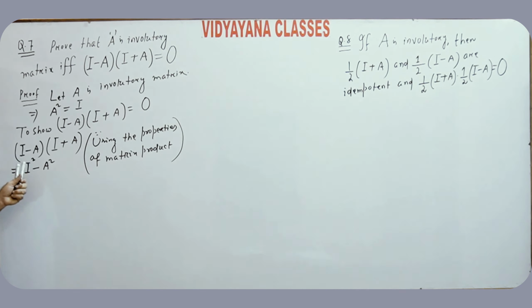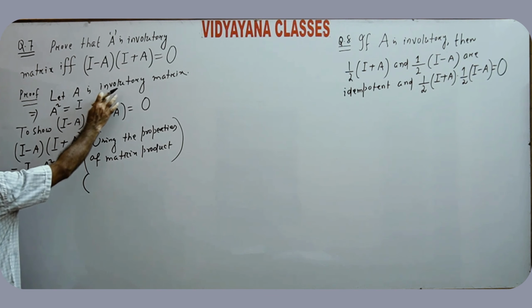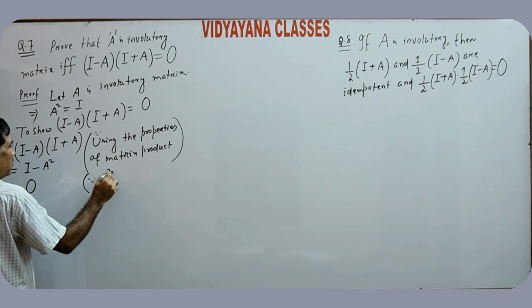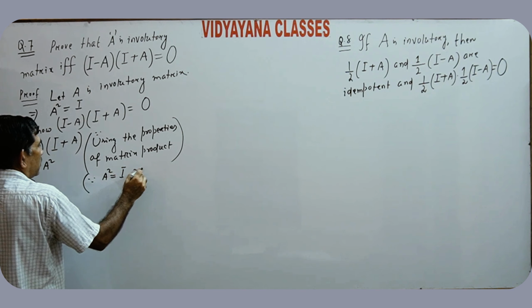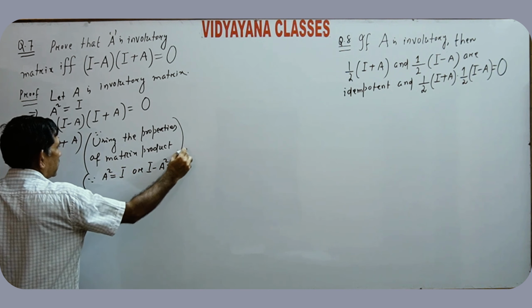It gives I square minus A square, which gives I minus A square, since I square is the same as I, which is equal to the 0 matrix since A is an involutory matrix, since A square is equal to I, or I minus A square is equal to the 0 matrix.